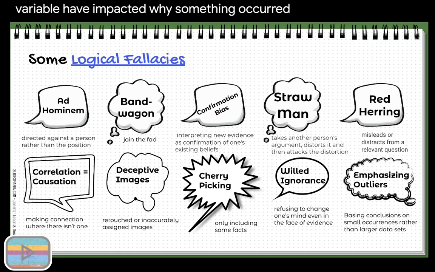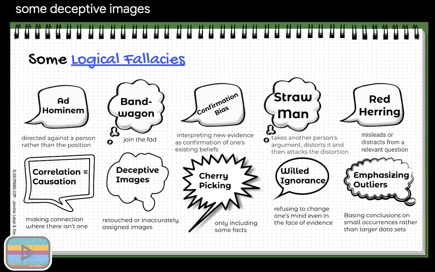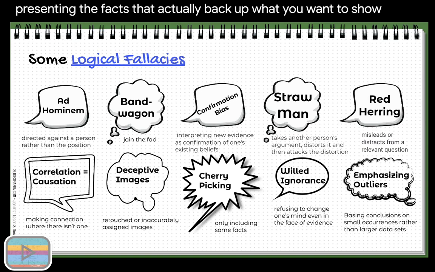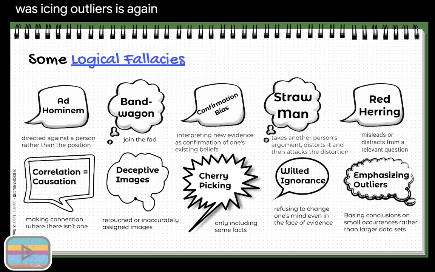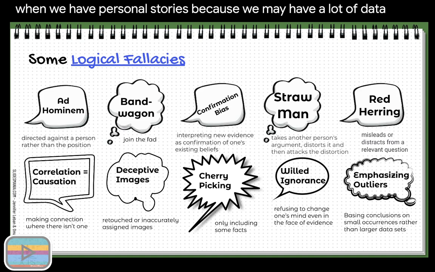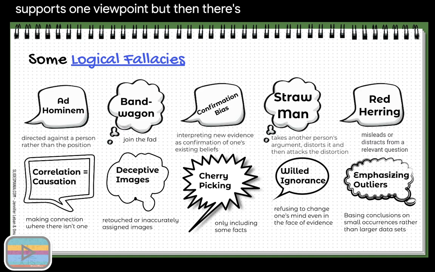We already looked at some deceptive images, and those get used a lot. Cherry picking and emphasizing outliers, those are both ways of manipulating data. In this case, you're only presenting the facts that actually back up what you want to show, and emphasizing outliers is again where, and sometimes this can enter in when we have personal stories, because we may have a lot of data that supports one viewpoint, but then there are always going to be those that don't fit in that large group.